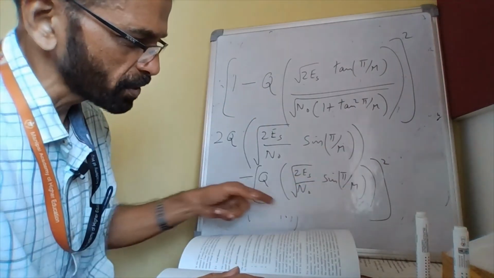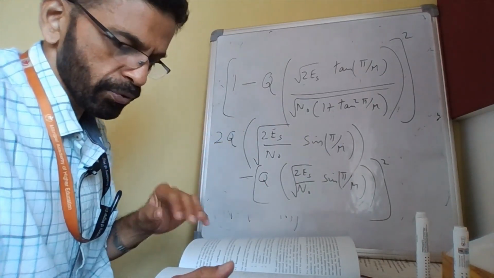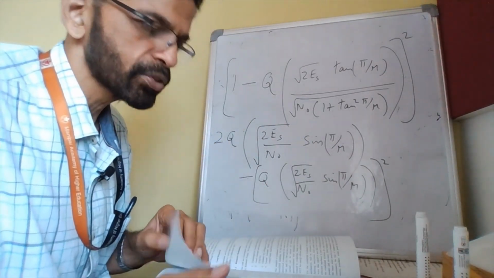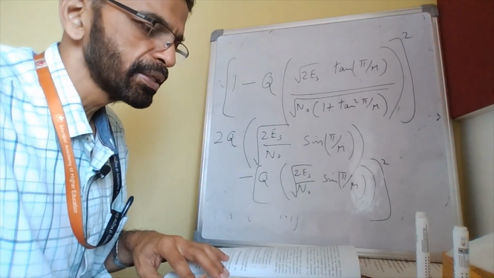That is why this term becomes more and more significant as M becomes larger and larger. So with that we will end this lecture, and we will continue further in the next lecture.